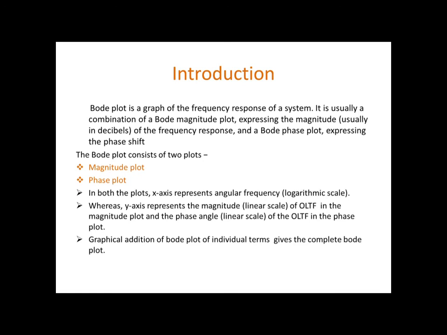That's why, due to these advantages, we can use the frequency response plots, which can be represented in various forms depending upon the linear scale, logarithmic scale and the coordinate system. So, there are different types of frequency response plot, among which we have already discussed the Nyquist plot or the polar plot. So, now we are going to learn the Bode plot.